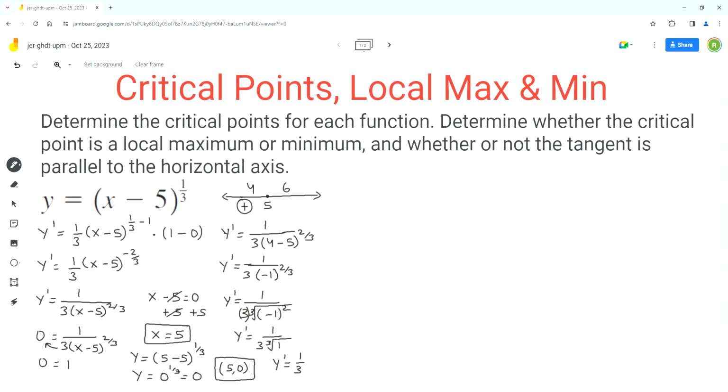Now we can analyze the sign of y prime on the right side of x equals 5. So we'll sub in x as 6 in the y prime equation.